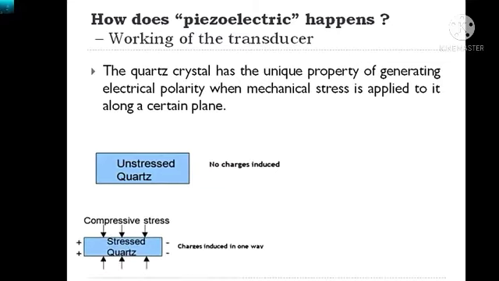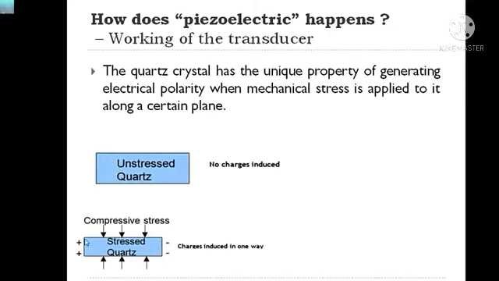Now you see a crystal which is unstressed, that means no force is applied, and no charges are induced. And this crystal wherein compressive stress is applied, a measure of internal forces acting on the crystal. So this is a form of force, compressive. When this force is applied on the crystal, you see positive charges are induced on this side and negative charges on the right side. This is called electrical polarization.